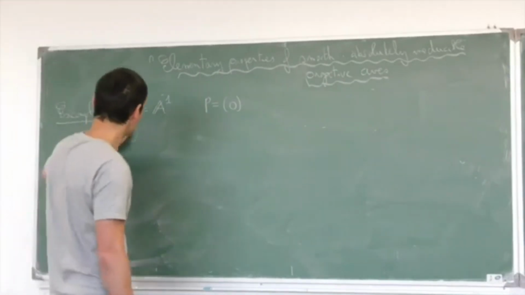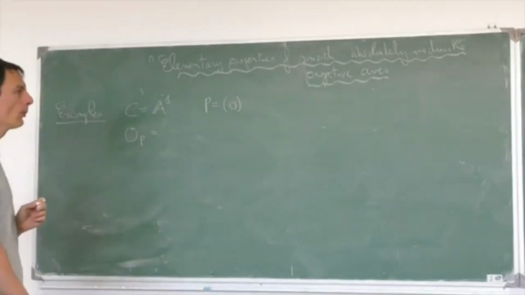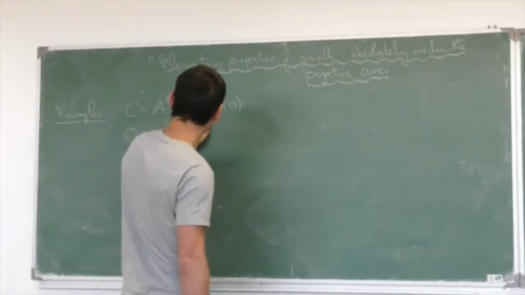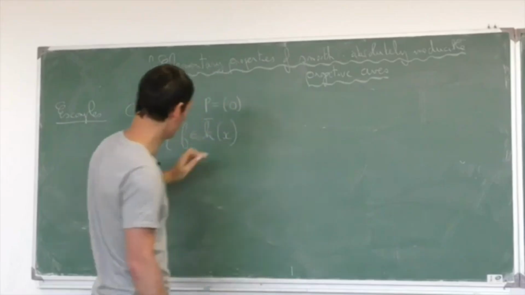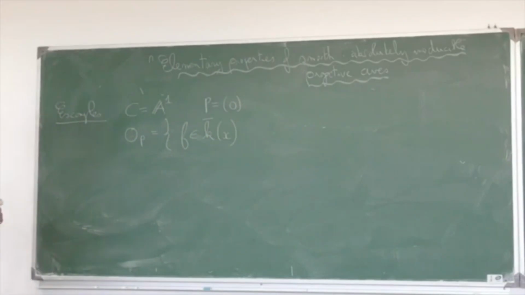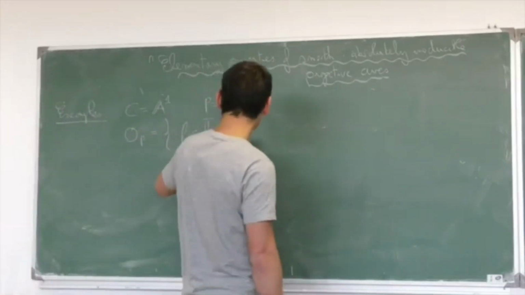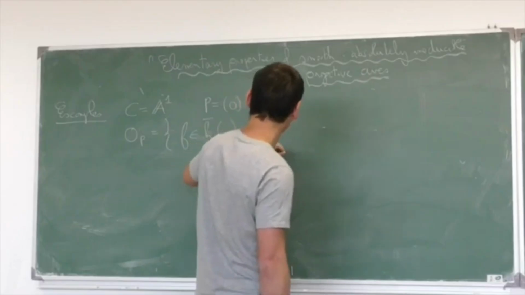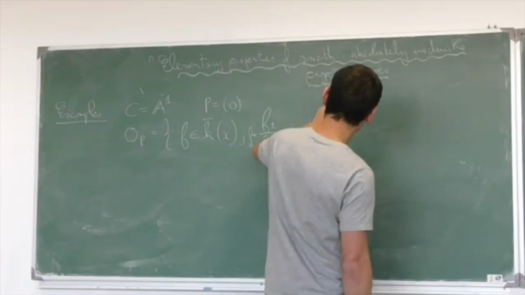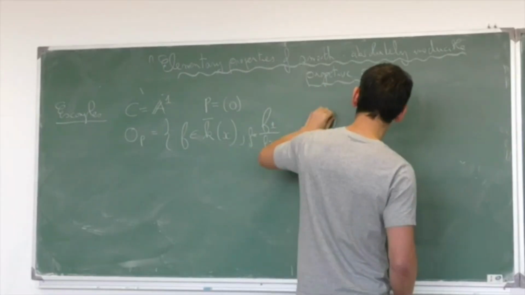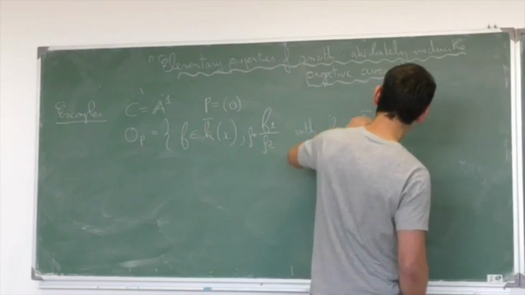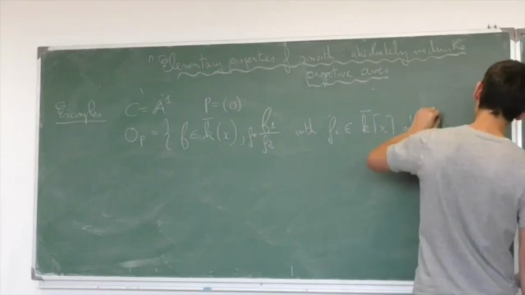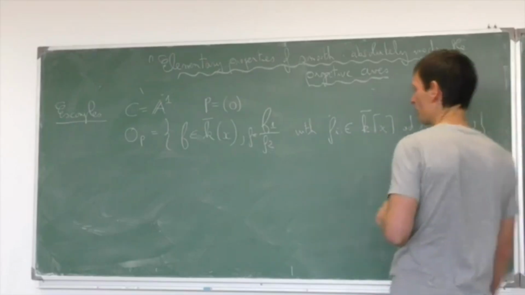So how does OP look like? OP is the set of rational functions which are of the form f1 over f2, with f1 and f2 inside the polynomial ring in one variable, and f2 at 0 is different from 0.